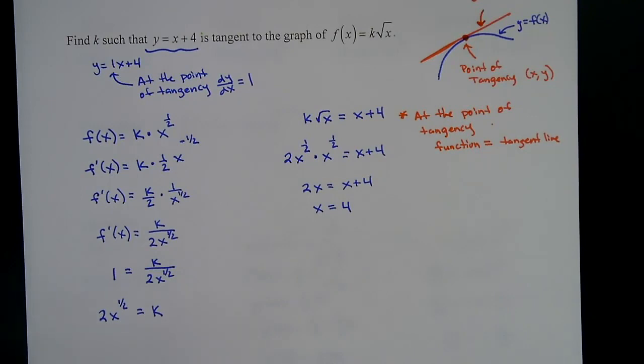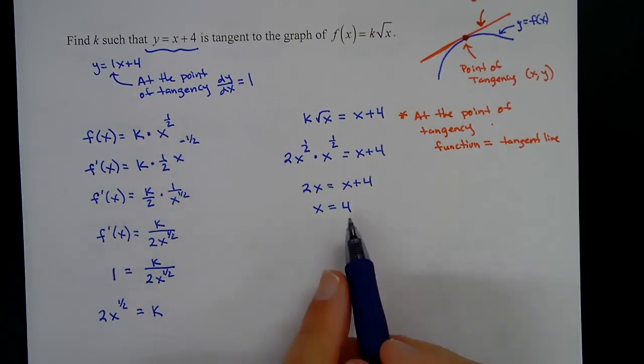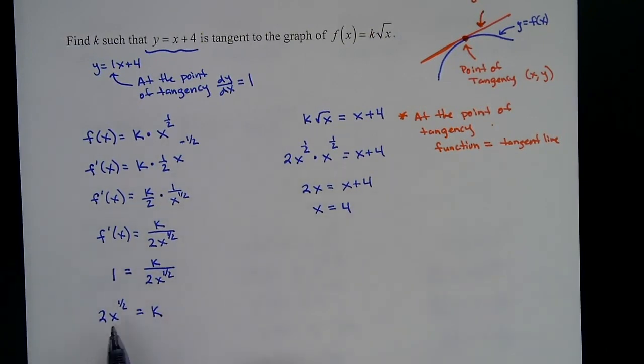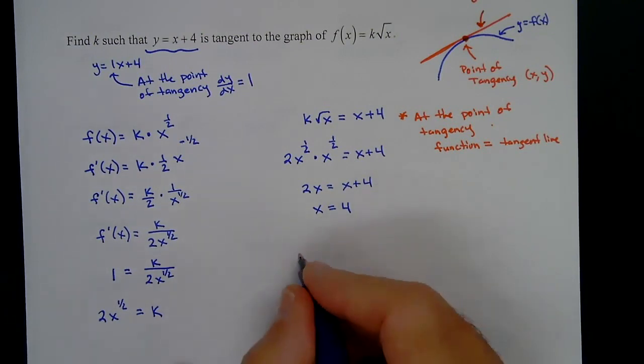Now, I still got to find the k value, right? Because that's all it's really asking you. It's not asking you for the full-blown point of tangency. It's asking for the k that would make this true, right? So if I take this and put it back over here, I would actually now have what the k value is, okay?